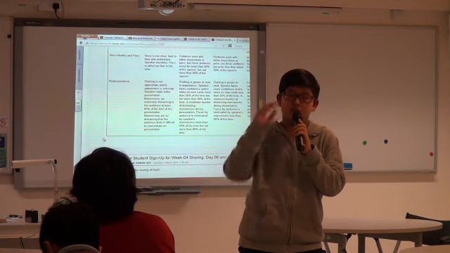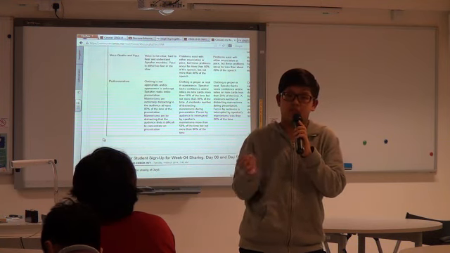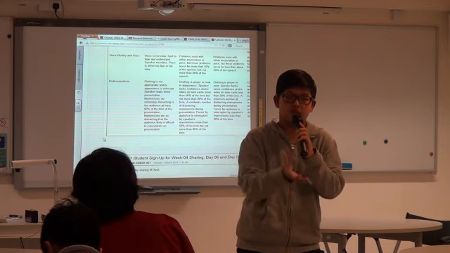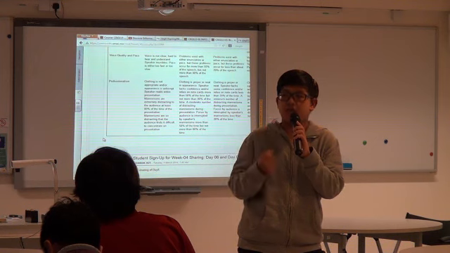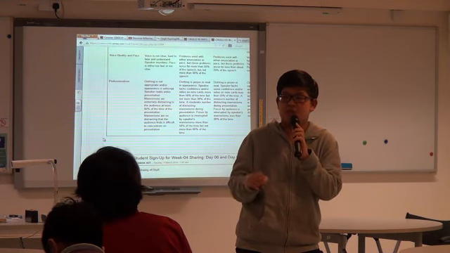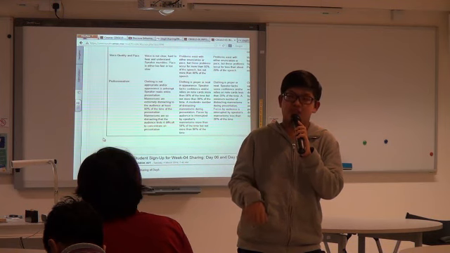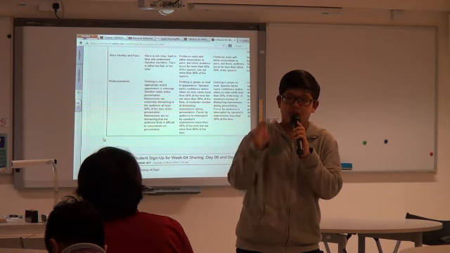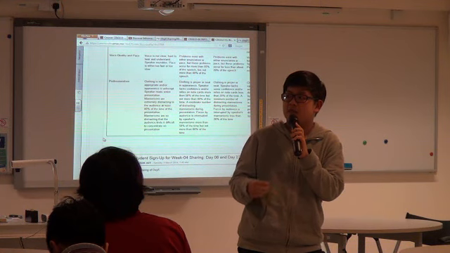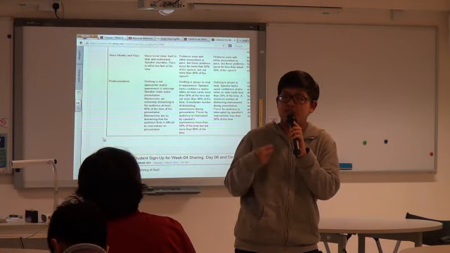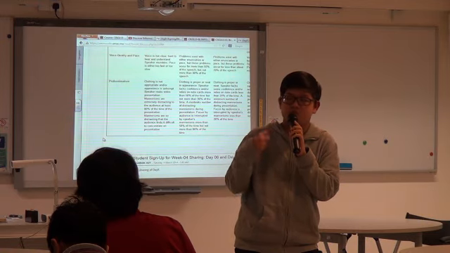Because after we collect all those figures, papers, information, it's useless. It's just a bunch of words and figures. So what we have to do is to make it organized. For example, we should use some kind of techniques to make it organized, and finally that can transfer into our own knowledge. I think that is what information competency means.